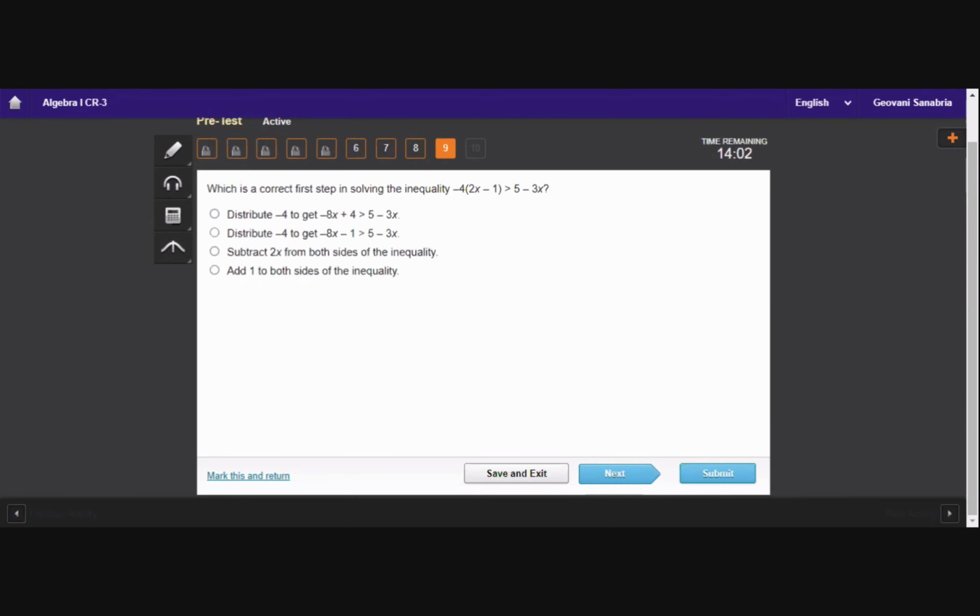When you distribute, you're multiplying. So, what do you think? You can do the -4 times the 2x. Then you write that down. Because you get the -8x, and then the 4 becomes a positive, because -4 times -1 is +4. So you write -8x plus 4. Yep.